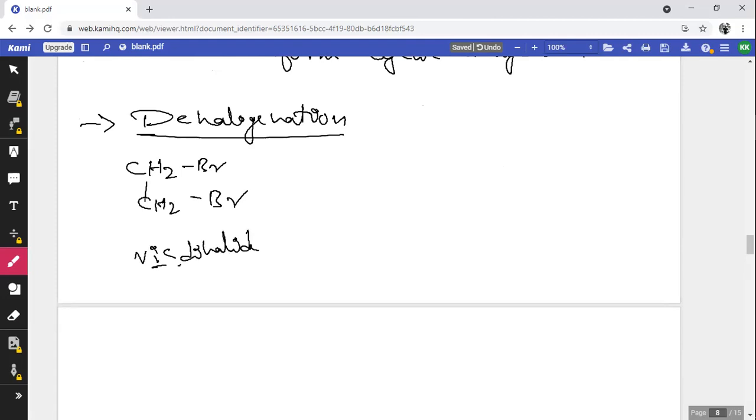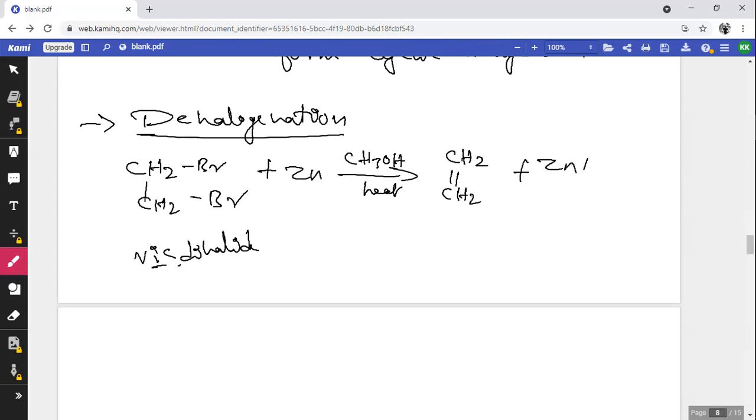If you treat vicinal dihalide with zinc in presence of methanol on heating, it gives CH2 double bond CH2, that is ethene, with the liberation of ZnBr2.